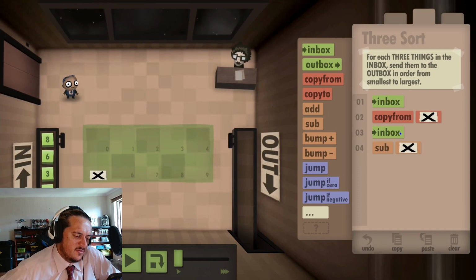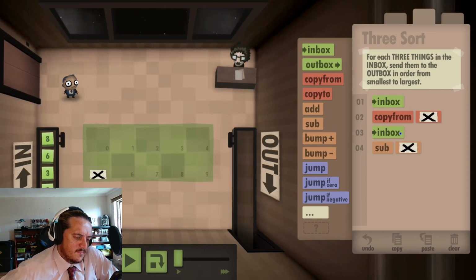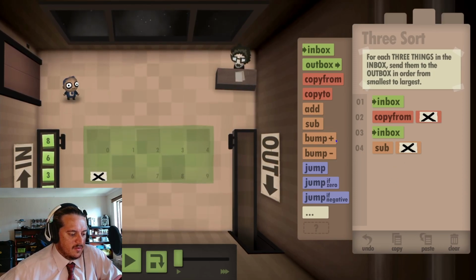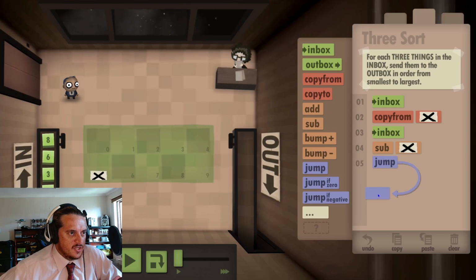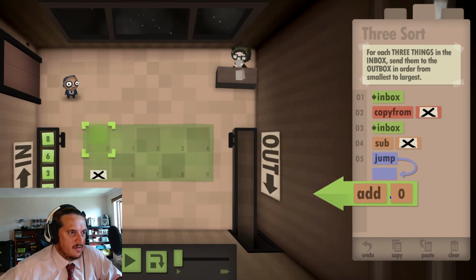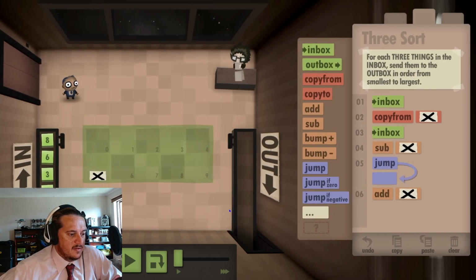What a roundabout way to do it. So I'm going to show you what they're doing here. So they're going that, we're doing a jump after that. We're going to add that back.